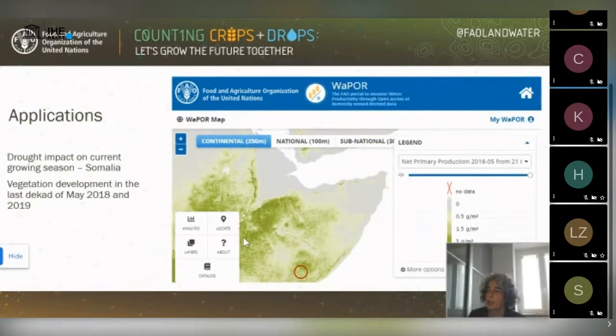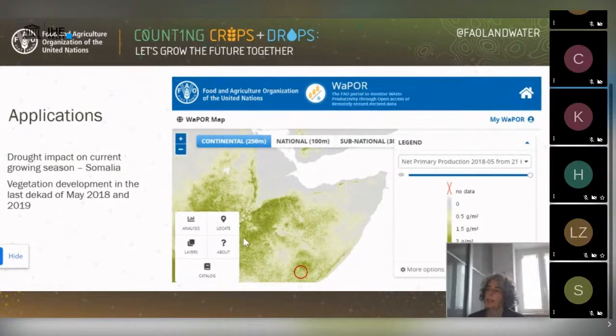Another type of application, I'm now going through examples that use different data sets so that you can have a broader idea. This is done using, for example, the continental level data. So that's a type of data that can be used, for example, to monitor drought over a continent or a large region.